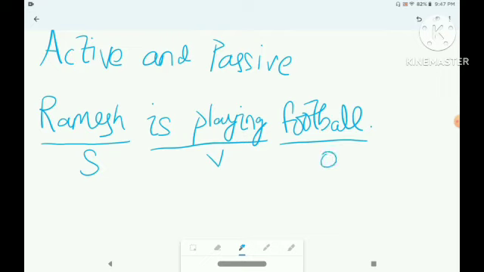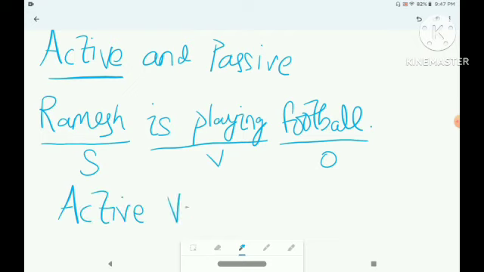So according to our definition of active voice, this verb must be done by the subject, and the sentence says Ramesh is playing football, means it is sure that Ramesh is playing football. So here the sentence is in active voice.